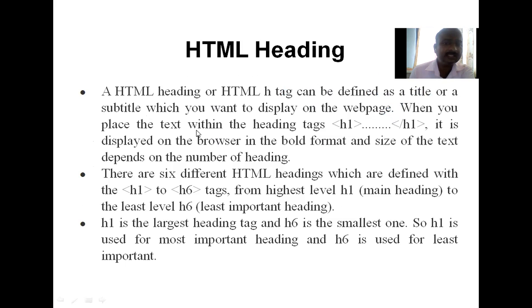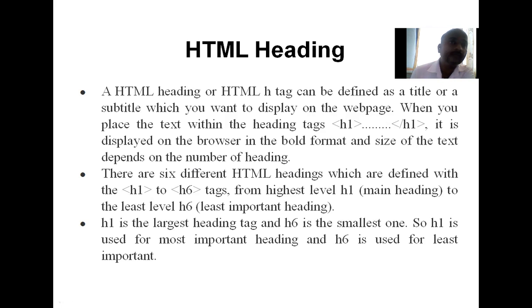When you place text within the heading tags, that is H1, then some text, and the end of the H1 tag, it is displayed by the browser in bold format, and the size of this text depends on the heading number. There are 6 different tags from H1 to H6. Out of them, H1 is the highest level and H6 is the least important heading.